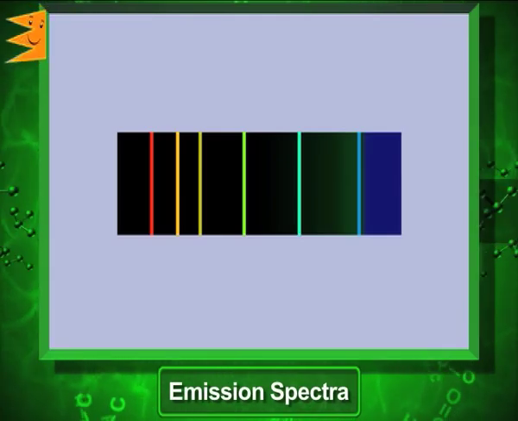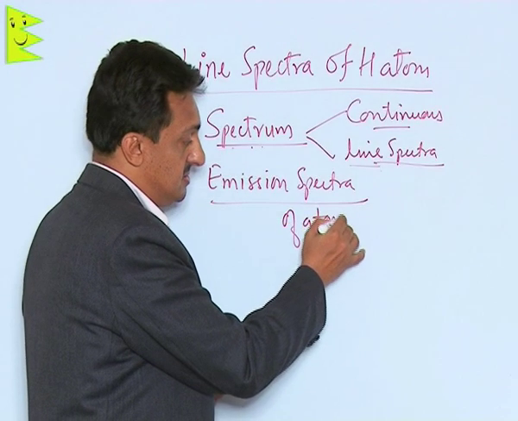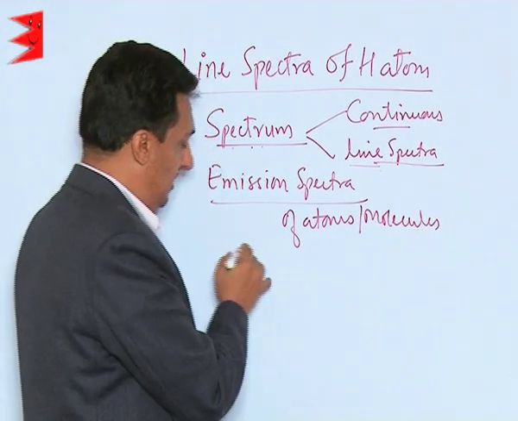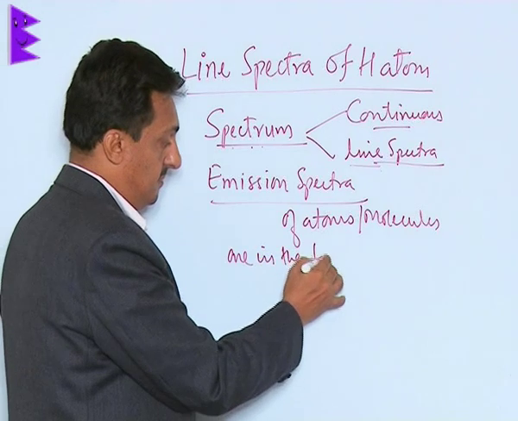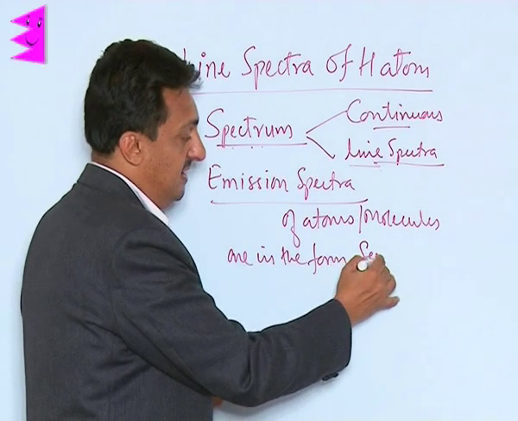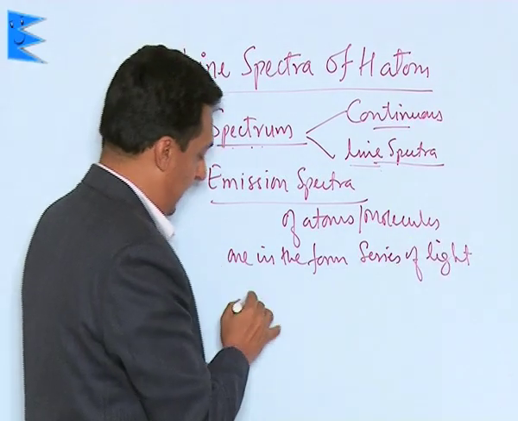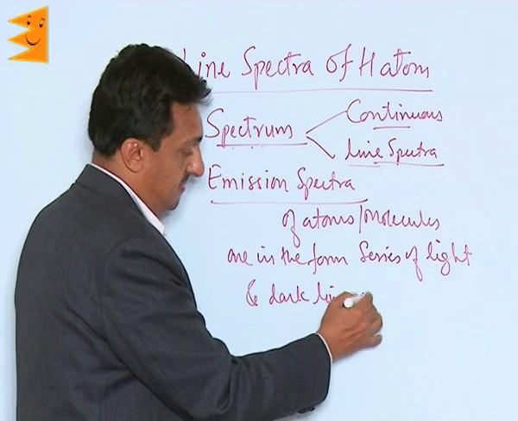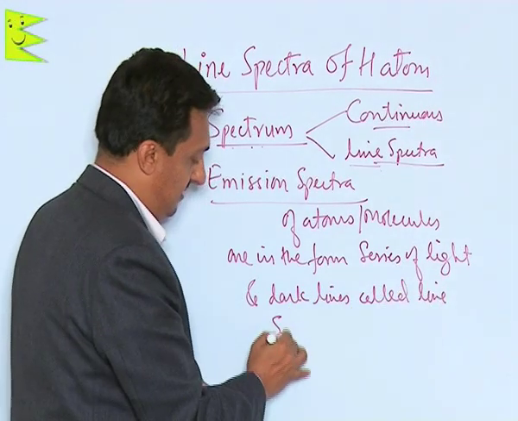So the emission spectra of atoms and molecules are in the form of a series of light and dark lines called line spectra.